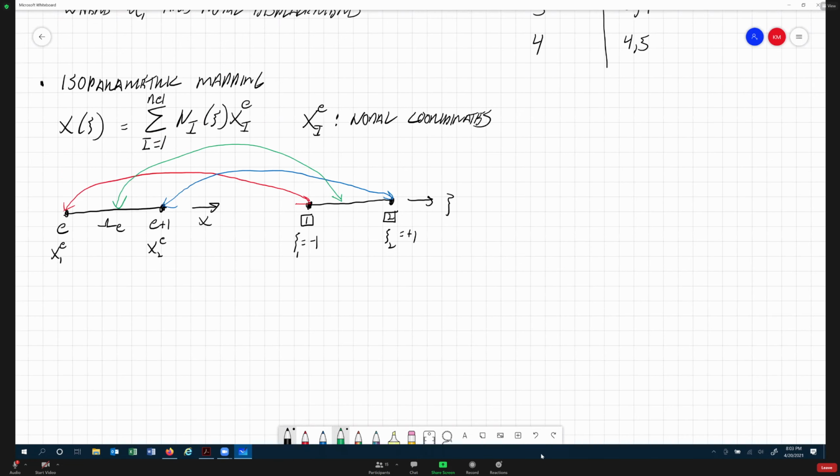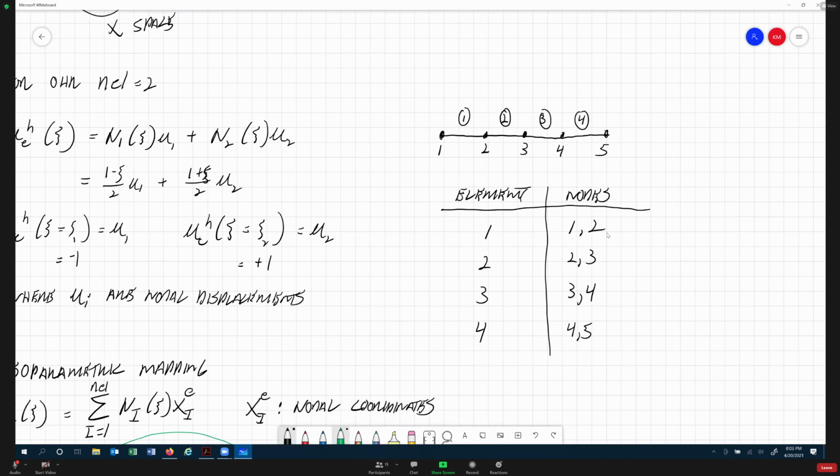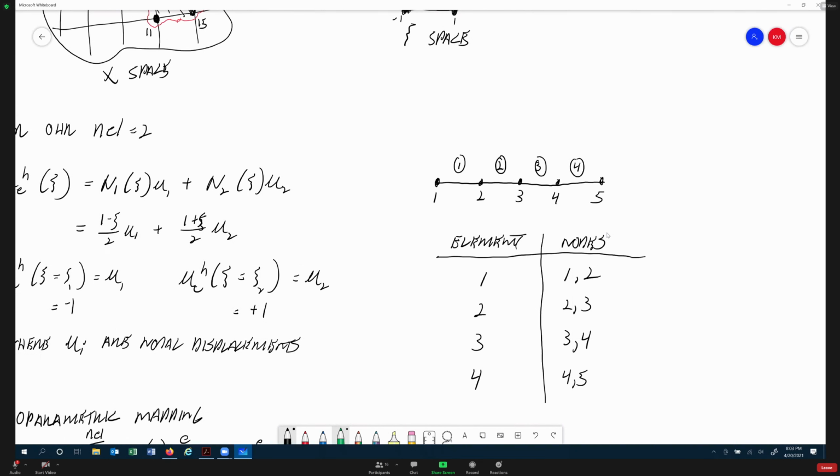So maybe we can go back up to this guy right here, this 1 to 5. I think I wrote this earlier tonight, but this is domain 1, domain 2, domain 3, domain 4. So it's 4 domains. So we want to think of the element as a domain.